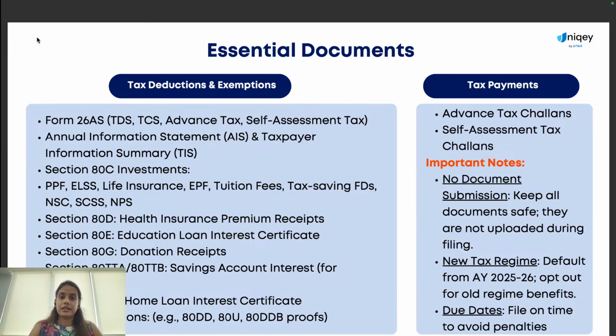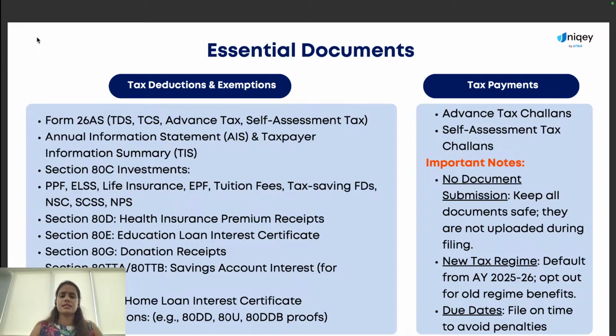Right now we don't need to upload any document; we just need to put the unique number, basically the policy number or FD number, while we claim the deduction in ITR filing. So we need to keep all these documents handy for 80C.